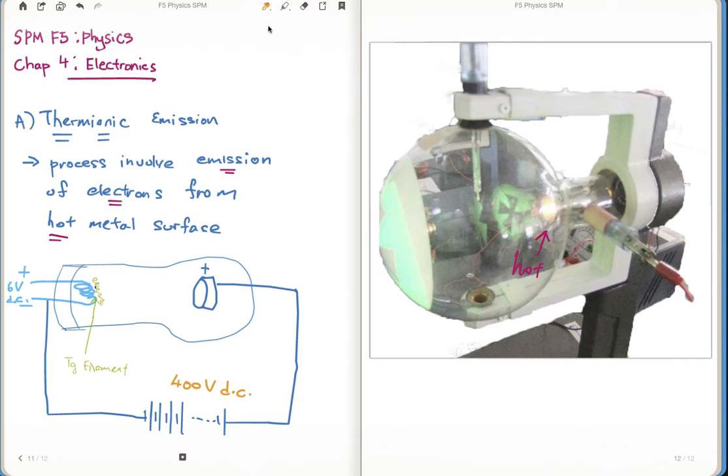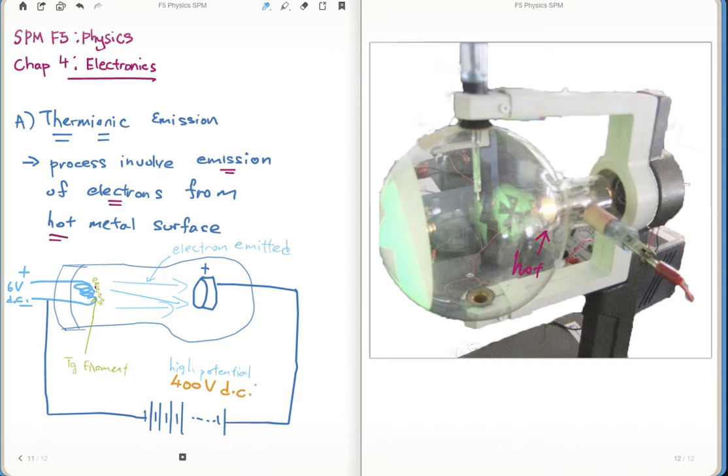Then what happens? This electron will drift, will be accelerated. So these are the electrons emitted from the hot surface when subjected to a high potential difference.